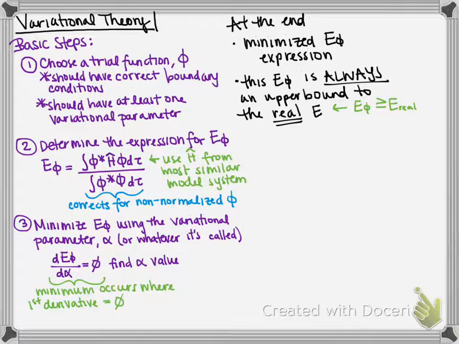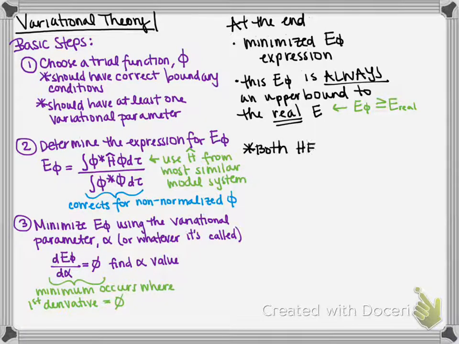This is the foundational assumption of variational theory: E phi is always greater than or equal to E real. So the fact that we've minimized it as much as we can means we've gotten as close to the real energy of our system as we possibly can. The better we can minimize it, the closer it is to the real energy. This is a foundational premise of variational theory: the energy that we find is an upper bound to the real energy.